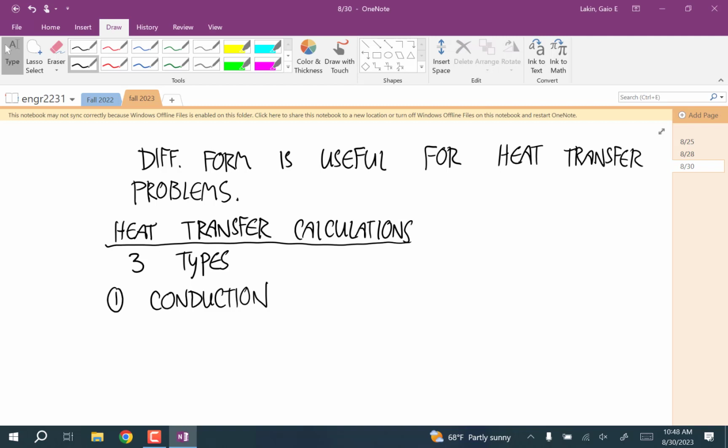Like if you heat up the bottom of a pan, eventually the handle gets hot. Okay, that's conduction. The second one is radiation.